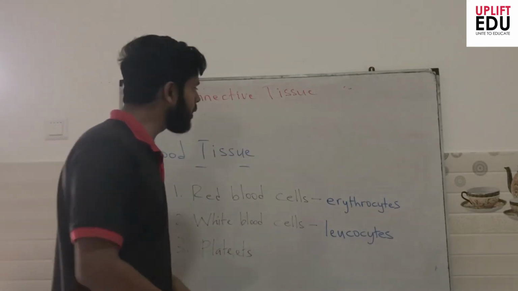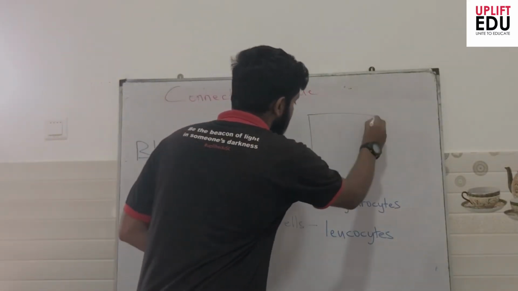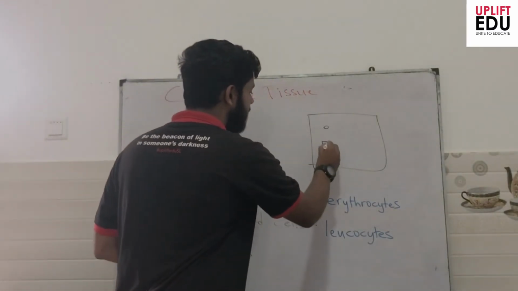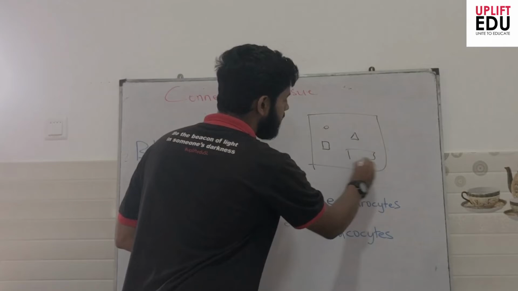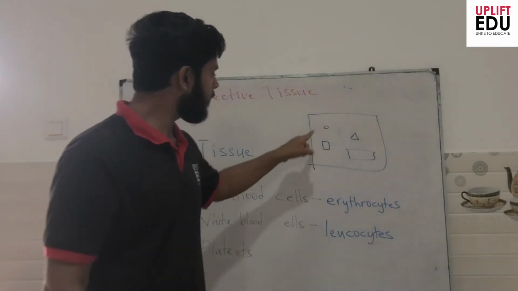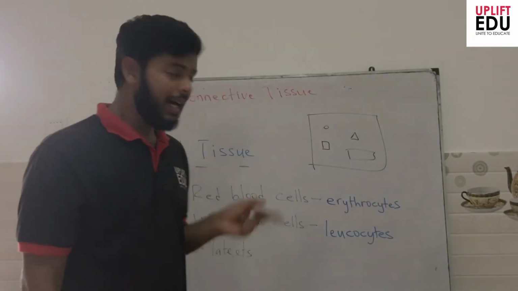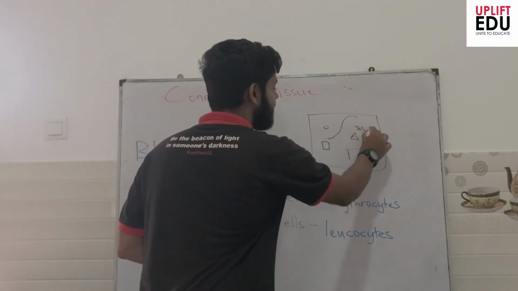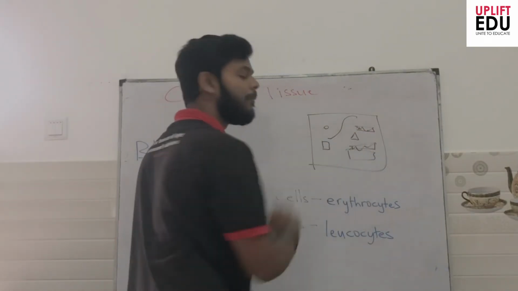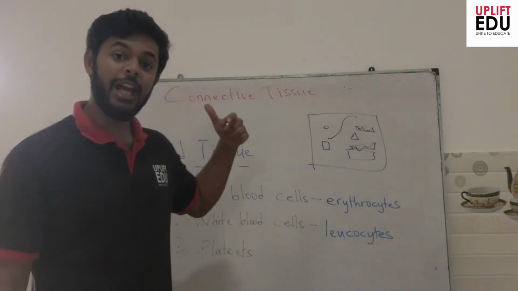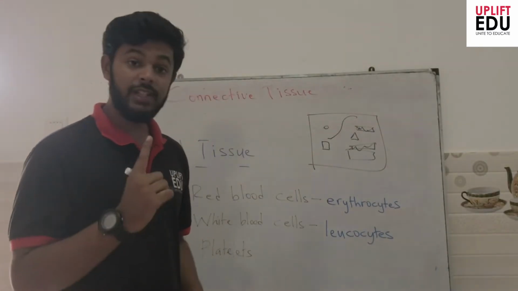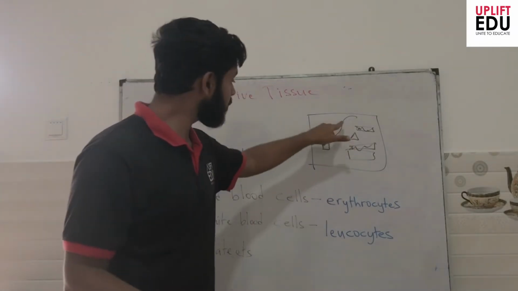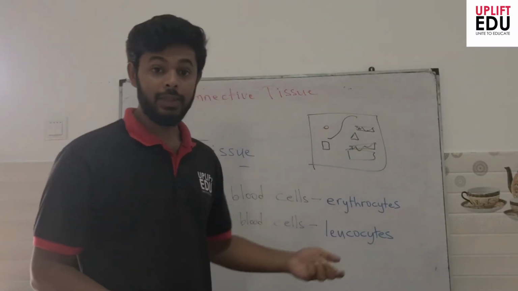If we consider connective tissue, different types of cells are present. So one feature is the presence of different types of cells. Another feature is the presence of different types of fibers.